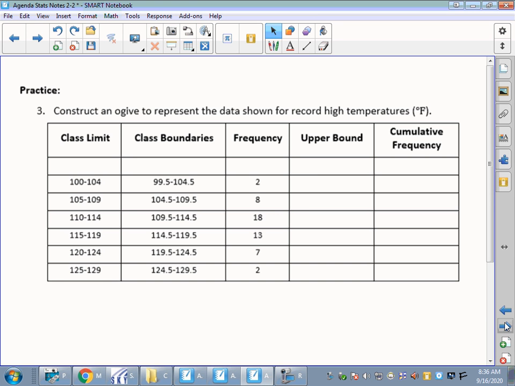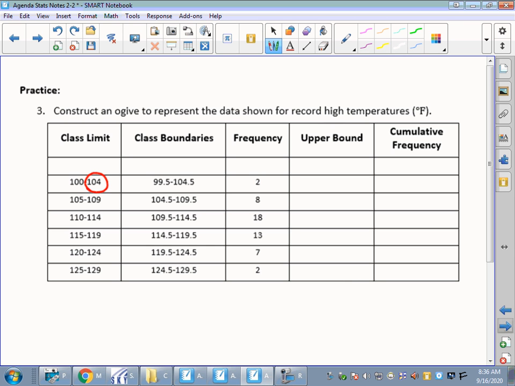So notice this one is an interesting one because we've got an upper bound. This is all the same data as everything that we've done all along. However, we do it a little bit differently because we've got ourselves a top limit. So this class goes up to 104, right?